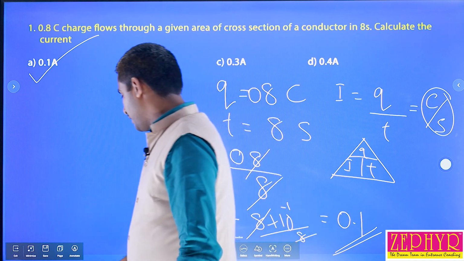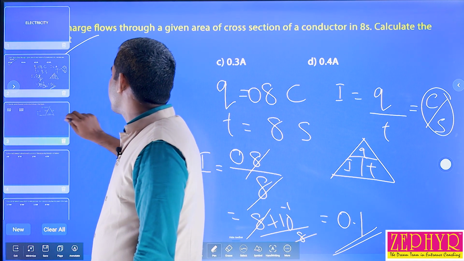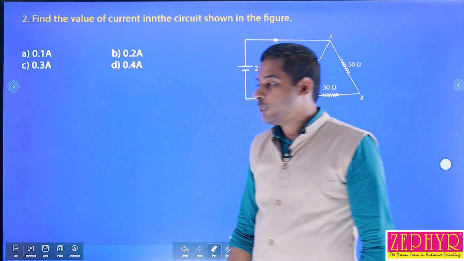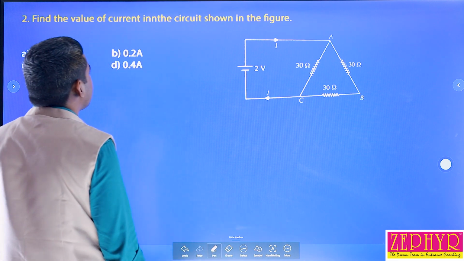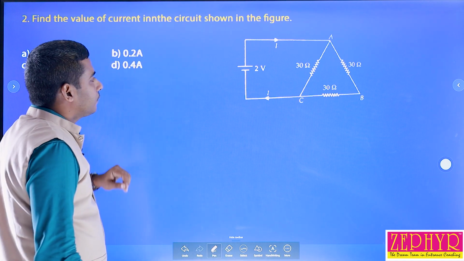Okay? Yes. Students, I am moving to the second question. Find the value of current in the circuit shown in the figure. So, different options we have.